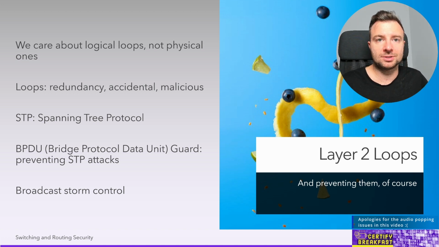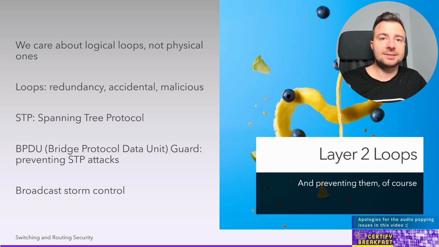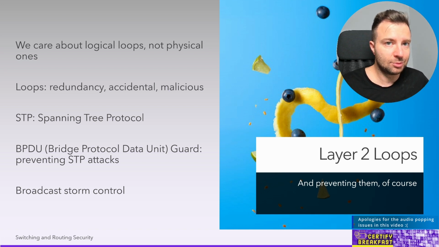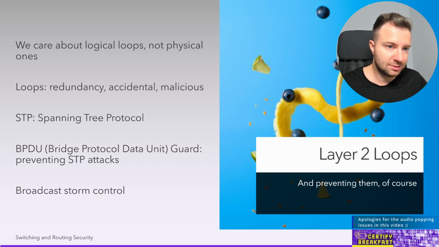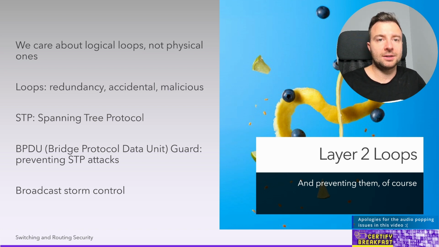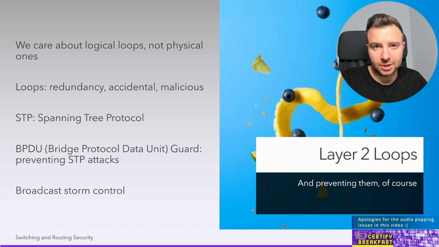Now, if a broadcast message were to reach that loop, it is going to continue looping in that specific piece of infrastructure indefinitely. This is going to lead to very high CPU utilization on those switches, saturated links that cannot send legitimate traffic anymore, thus basically creating a denial of service attack in the network. So it's not just a matter of attacking a layer 2 network for eavesdropping on traffic, but it's about attacking the network to make it stop functioning properly.